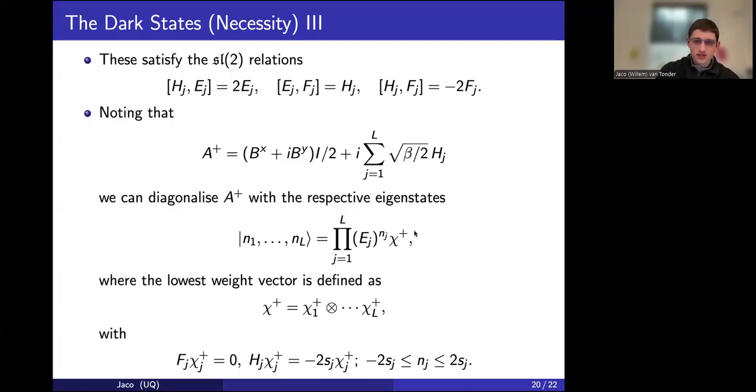So this is the lowest weight vector state killed by the lowering operators, and it's diagonal with respect to the Cartan elements.